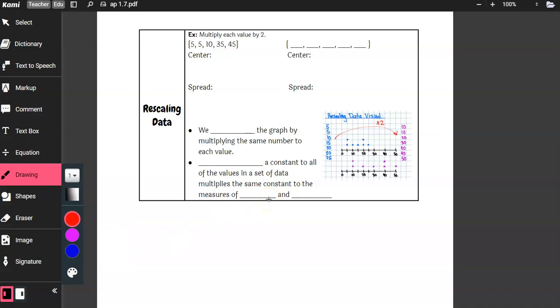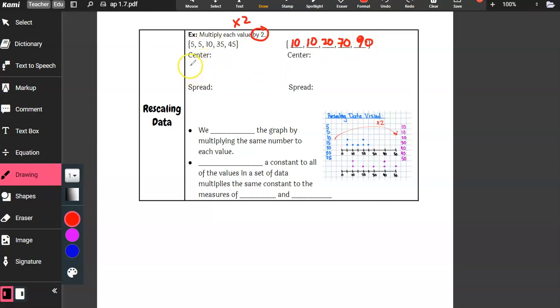Okay, so now here we have 5, 5, 10, 35, and 45. Multiply each value by 2. So we multiply everything by 2. This gives us 5 times 2 is 10, 10, 20, 70, and 90.